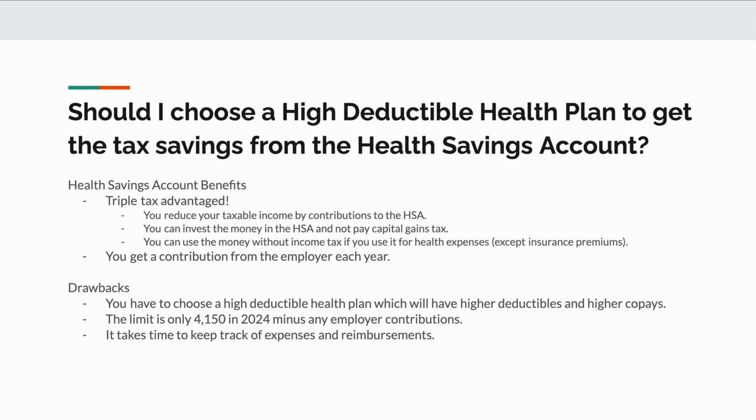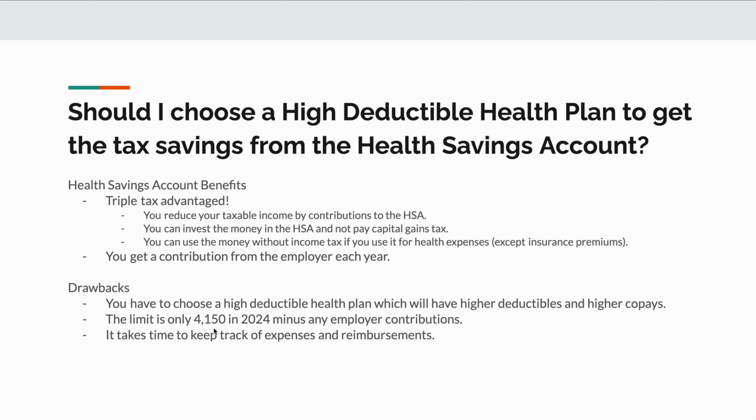The problems are that, one, you now have a health care plan that is higher deductible with higher copays. You're probably going to have to pay more out of pocket, so this really only works if you don't have many expenses that you're planning to have. And the limit here is not that high.